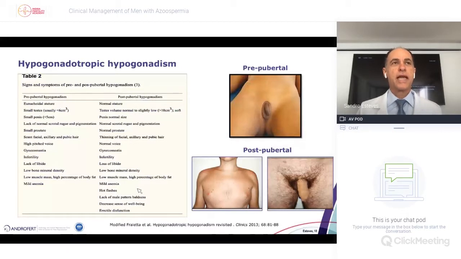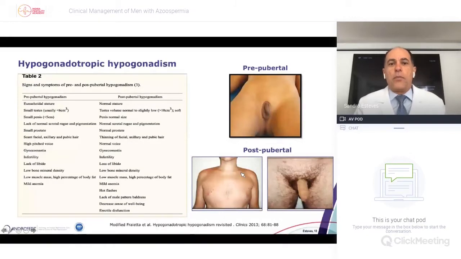or if it was a late-onset hypo-hypo. This is very important because you can see different pictures. A patient with pre-pubertal hypo-hypo has more of a eunuchoid stature, the testes are very small, and the patient has no virilization at all. Obviously, the patient has azoospermia.